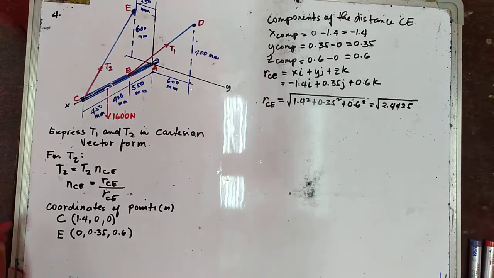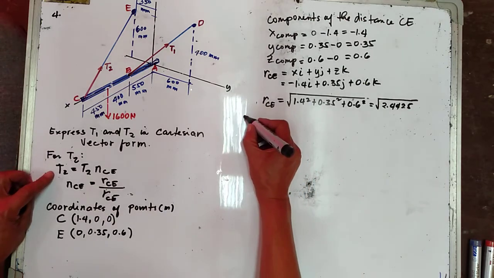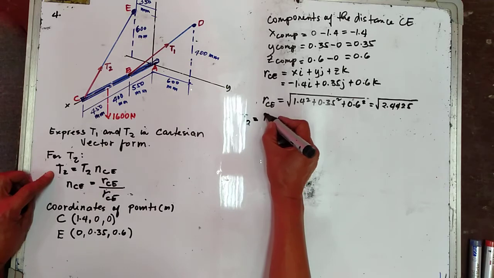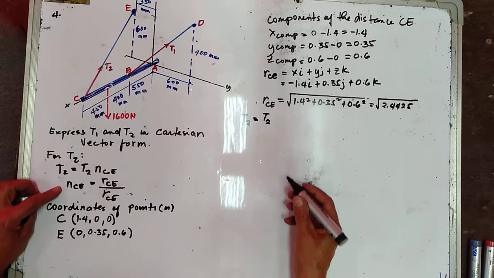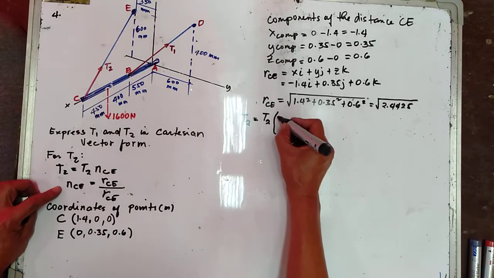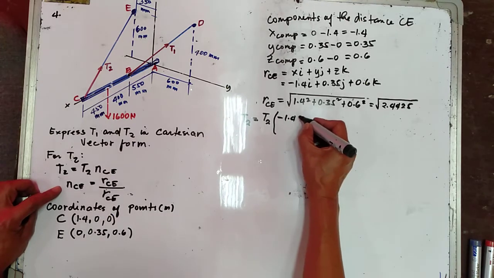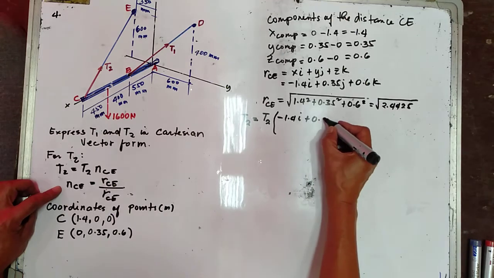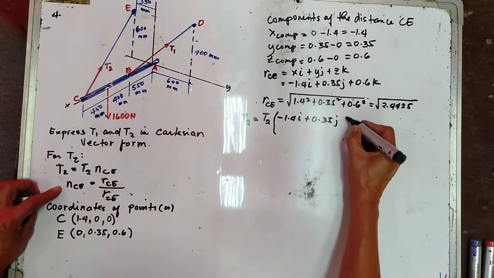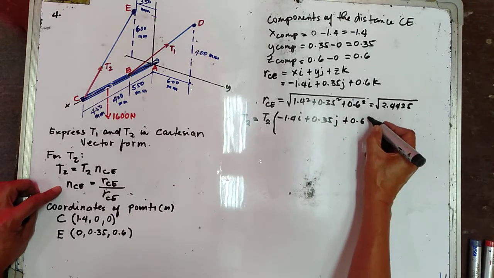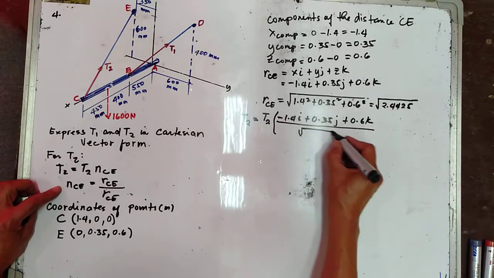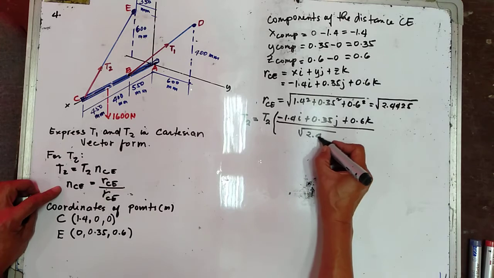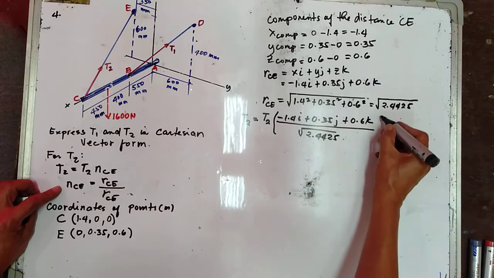So your T2 in Cartesian vector form is the magnitude of T2 times the unit vector CE, which is negative 1.4i plus 0.35j plus 0.6k, all over the square root of 2.4425.